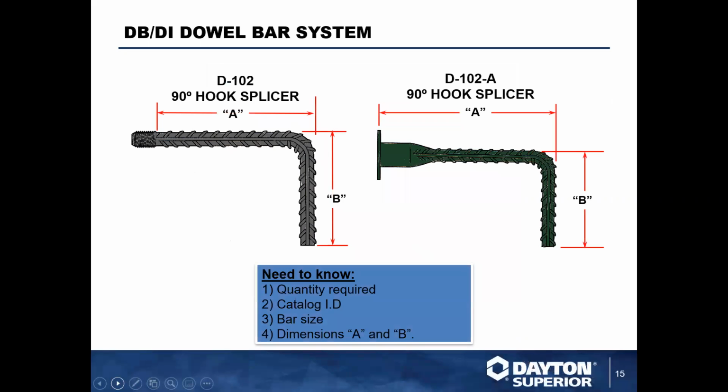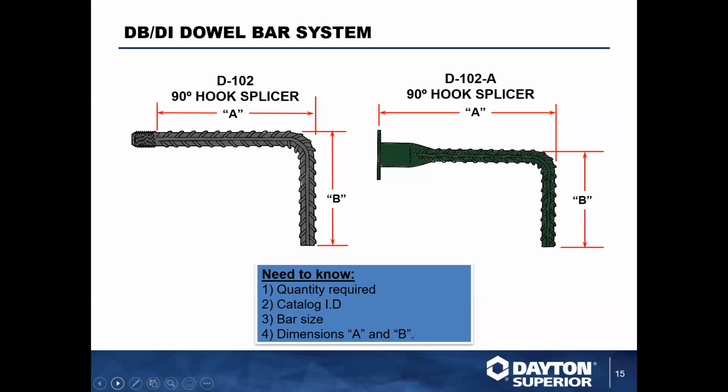We can do hooked bars, looped bars, straight bars, and everything are all pretty common. It's a separate fabrication process, but as you can see on the D102, we actually have the threads, and they're the same size as the rebar itself, the core bar.